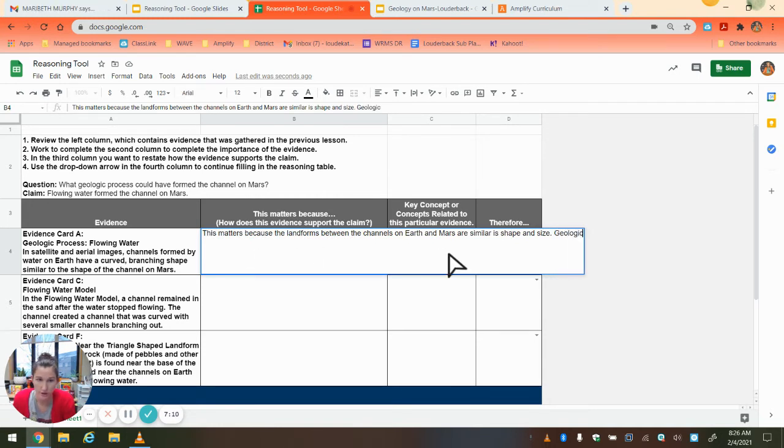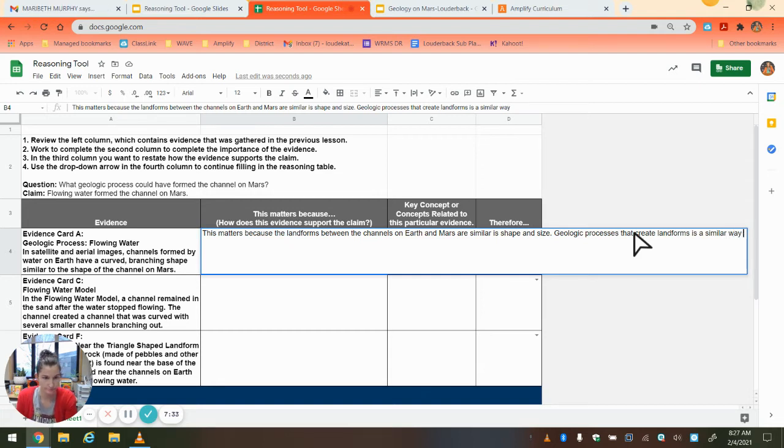And then I would add, geologic processes that form, or rather create, landforms in a similar way proves that the channel on Mars was created by flowing water. Okay, and that is just tying back into the previous.